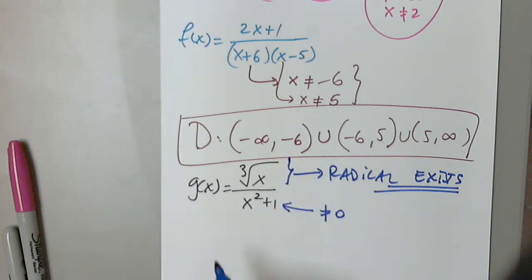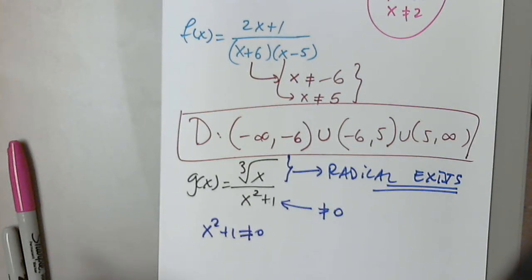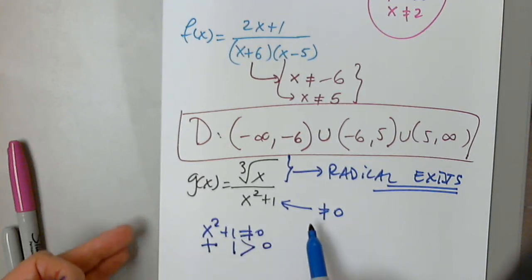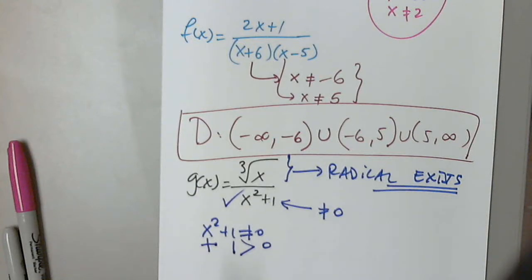In other words, x squared plus 1 cannot be 0. Why? Because if you plugged in 0, you still have 1. Right. So no matter what you put, x squared is always a positive number or 0. Plus 1 will always be a number strictly greater than 0. So it will never be 0. So there are no restrictions from the denominator. The denominator is always positive, never 0.